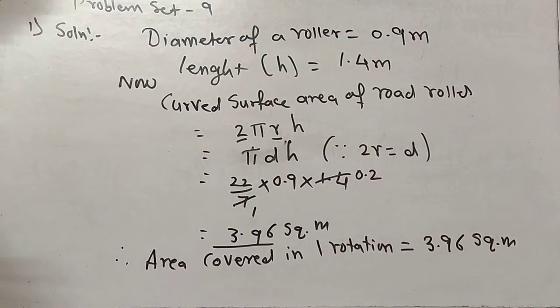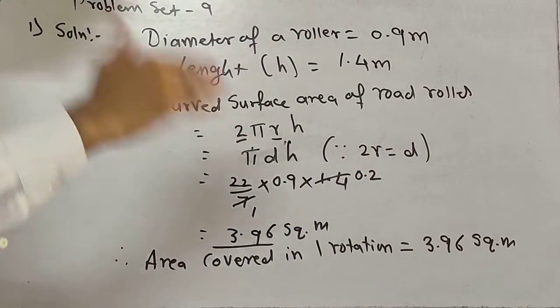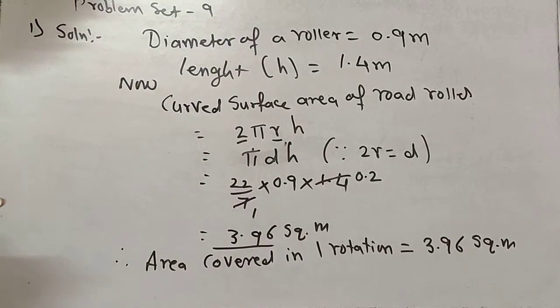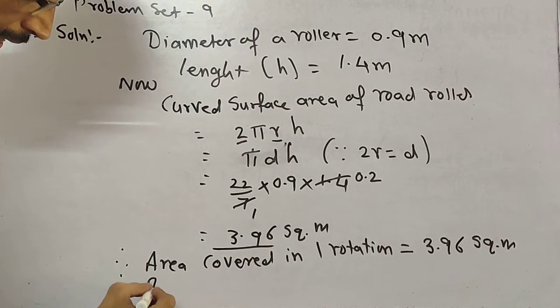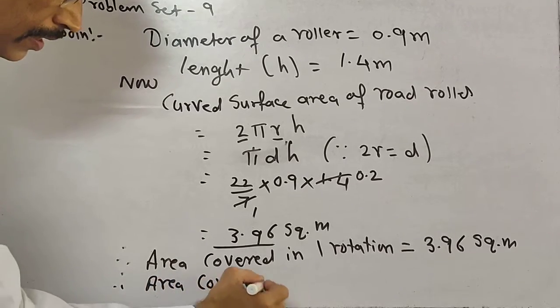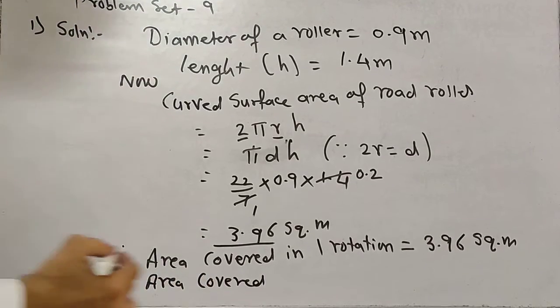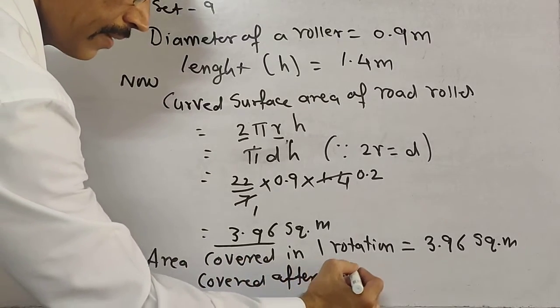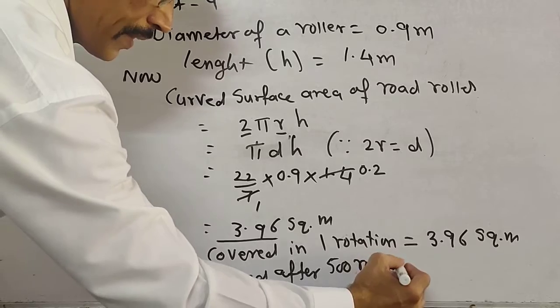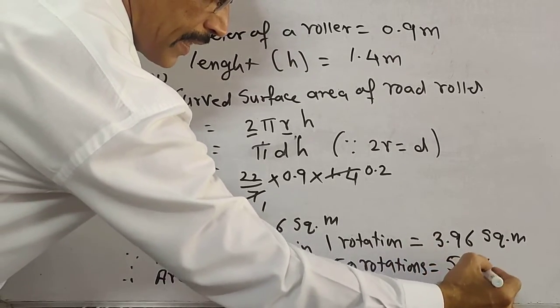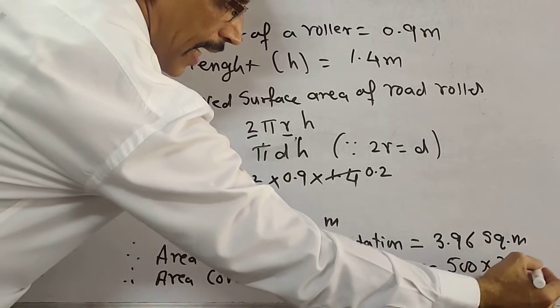3.96. But how many times has the roller rotated? 500. Therefore area covered after 500 rotations is equal to 500 multiplied by 3.96.